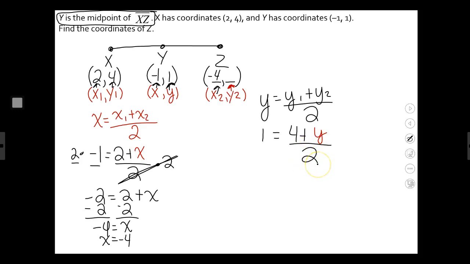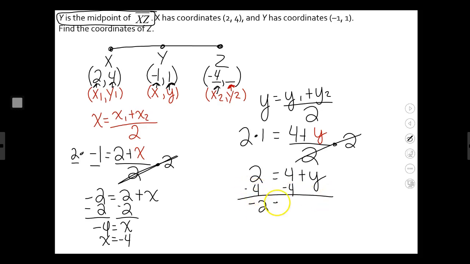Divided by 2. I multiply both sides by 2, and I get 2 equals 4 plus y. I subtract 4 from both sides. y equals negative 2. So the coordinates of Z would be (-4, -2).